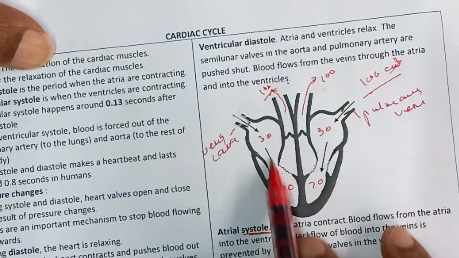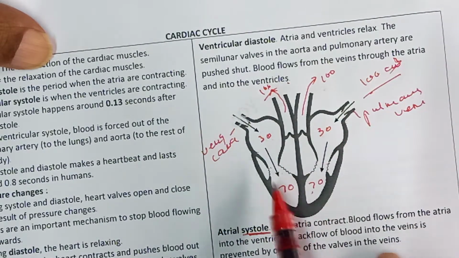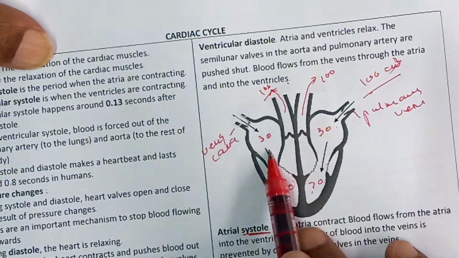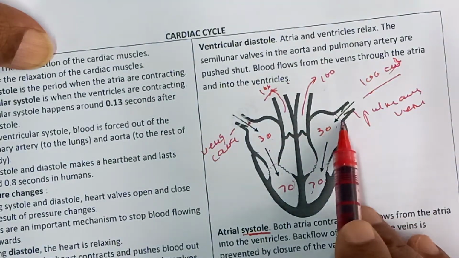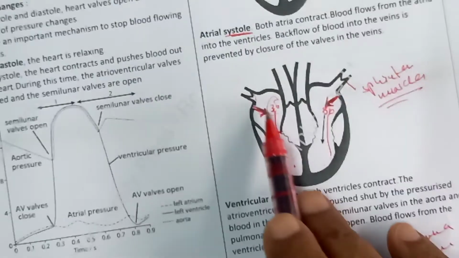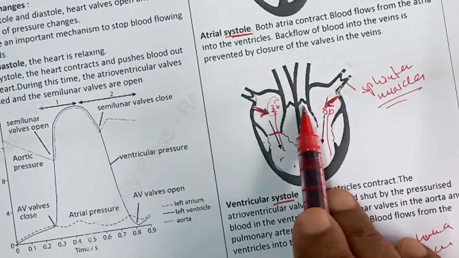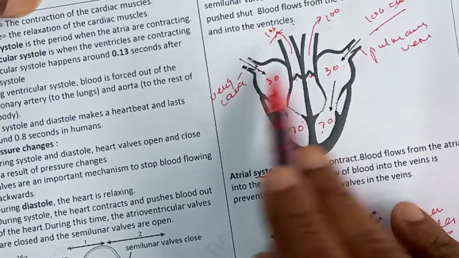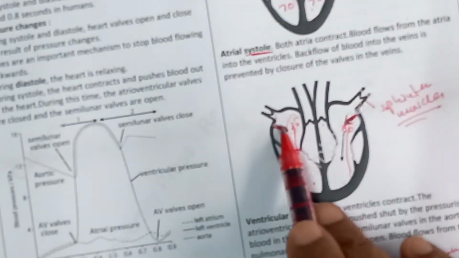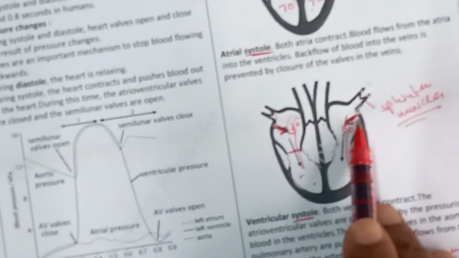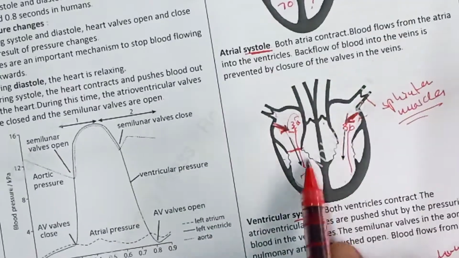Blood is moving down. Now, the time that the 70 move down, there is still 30 here. These two close. This is still closing, the atrium contracts, the 30 which is left here moves down.